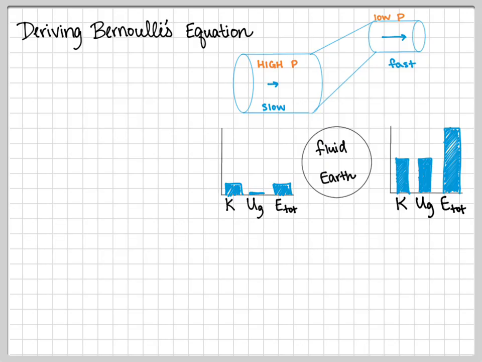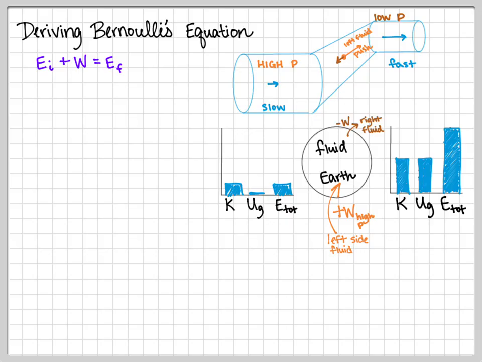So, if you trust me, if we can assume that it's high pressure on the left-hand side, where the velocity is slow, and low pressure on the right-hand side, where the velocity is fast, check it out. We would have positive work being done from the fluid that's on the left, and just a little bit of negative work being done by the fluid that's on the right, essentially resisting the flow of the fluid.